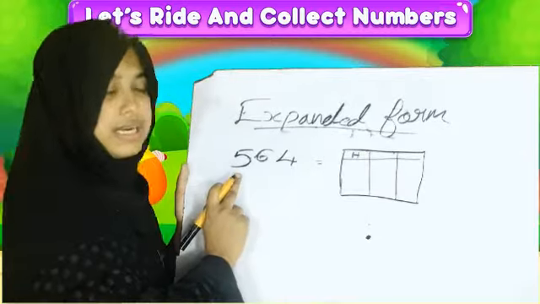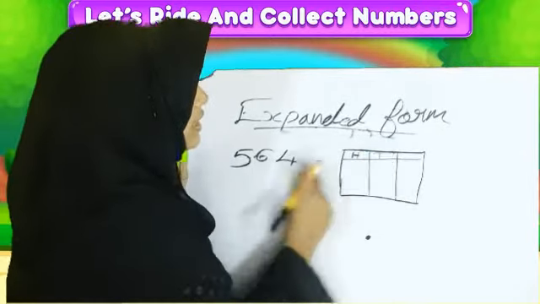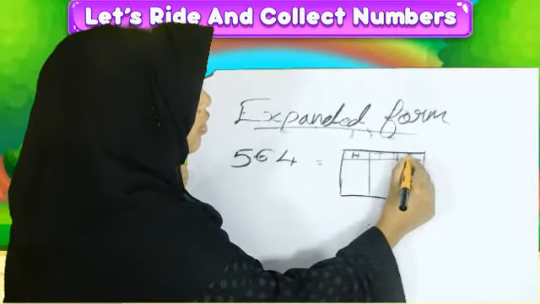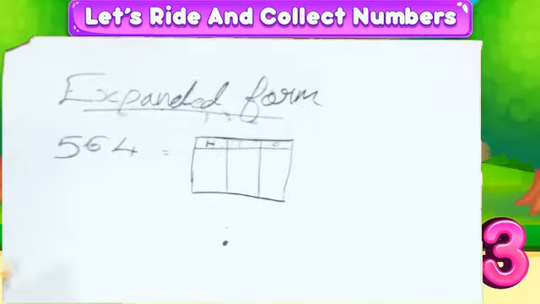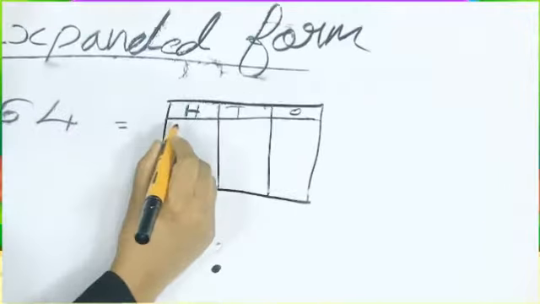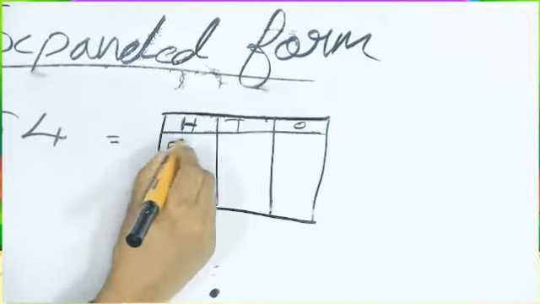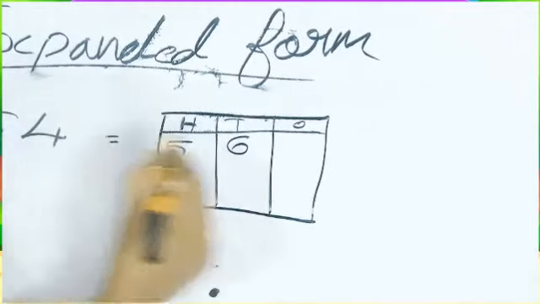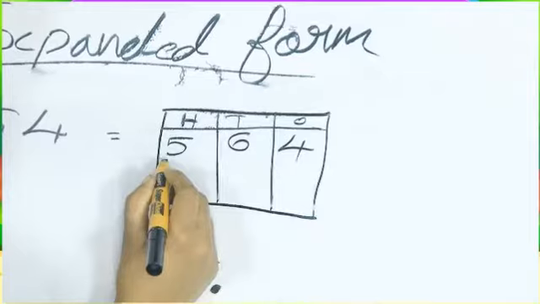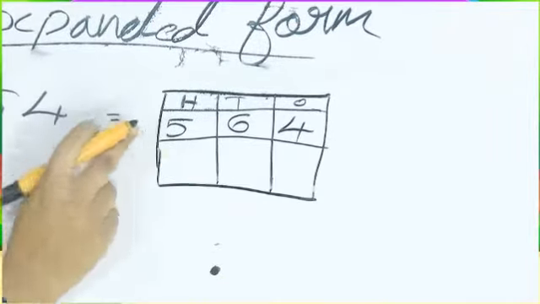H means hundreds. T means tens. O means ones. Then the number 564: 5 hundreds, 6 tens, 4 ones. How can we write it?